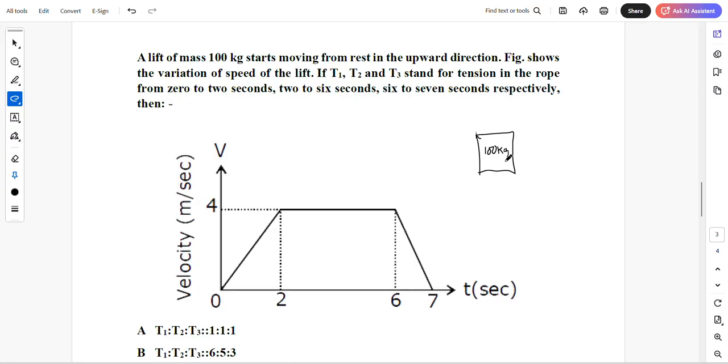The figure shows the variation of speed of the lift. Here it is accelerating. Acceleration is 0 in the constant stretch. Let us say a2 is equal to 0, because the velocity is constant.